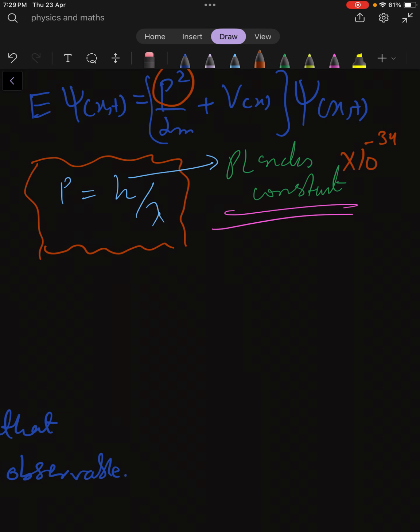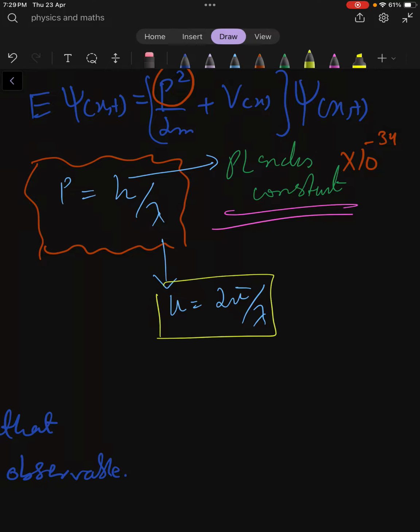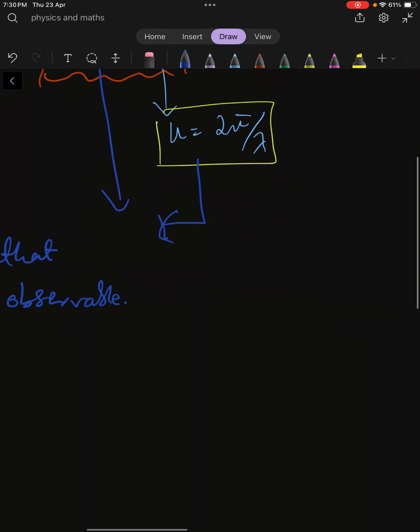Now we have this equation, p is equal to h over lambda, and then we have another equation known as k is equal to 2 pi over lambda. When we combine these two equations, we get a new equation.